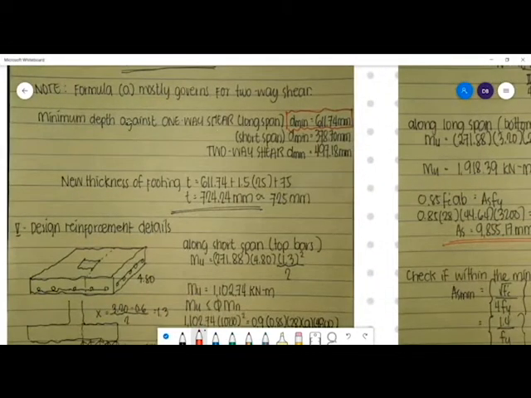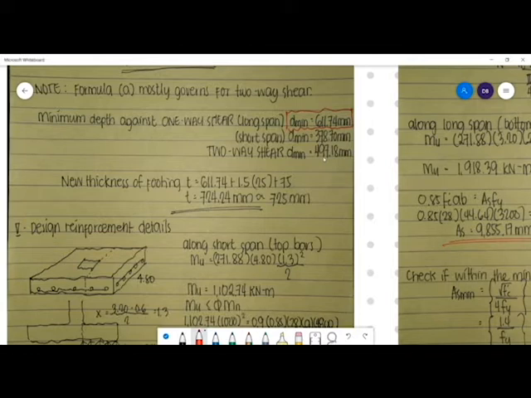We compare what we were able to solve for minimum depth: from one-way shear, long span 611.74, short span 78.70, two-way shear 497.18.